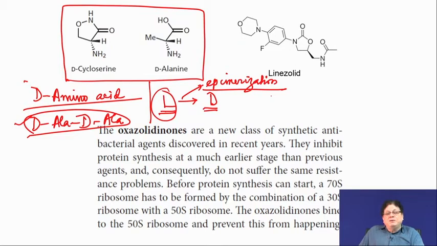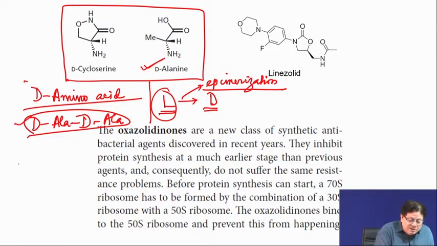So, PLP dependent isomerization takes place when you convert L to D. Because we do not need any D amino acid in our body, at least to this day it is not known that the host has any requirement for D amino acid.